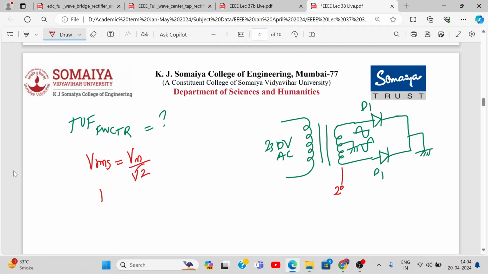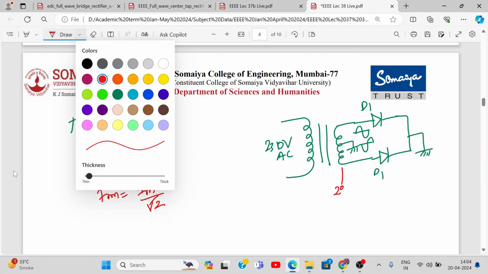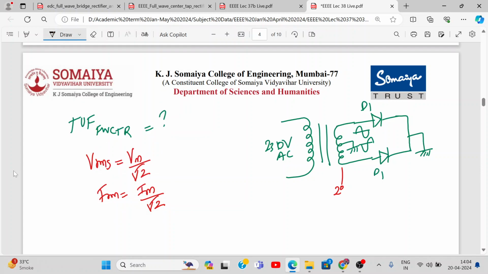So IRMS also will be Im by root 2. Are you following or no? Because for a full cycle, at least one diode is on. So there is no gap; the output is this way, right? And we have derived the RMS value of this waveform. How much is it? Im by root 2, yes or no? And VRMS is Vm by root 2.